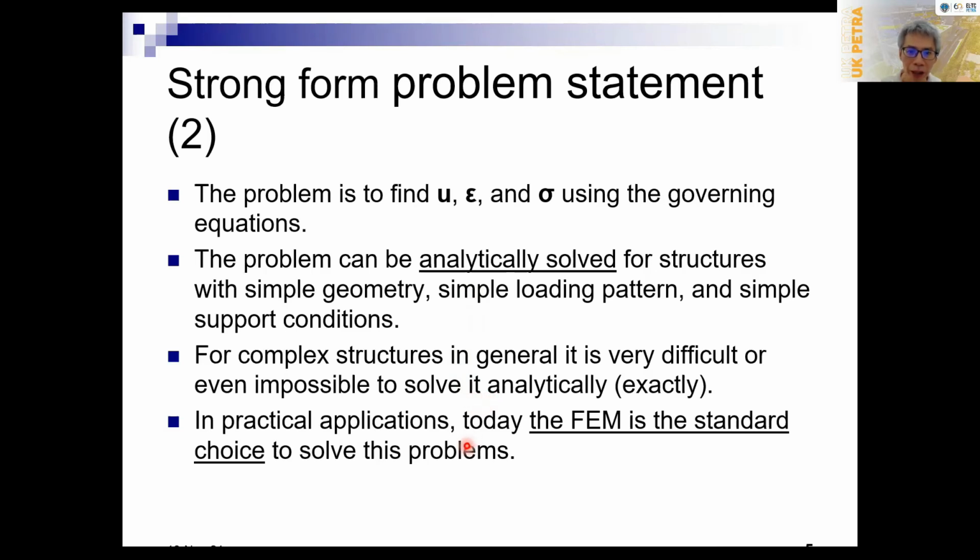So in practical applications today, the finite element is the standard choice to solve this problem. Normally today, for plane stress or plane strain problems, we just go to our computer and run finite element software, right? This becomes very practical because of the finite element method.